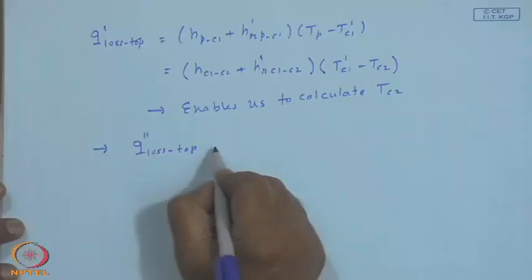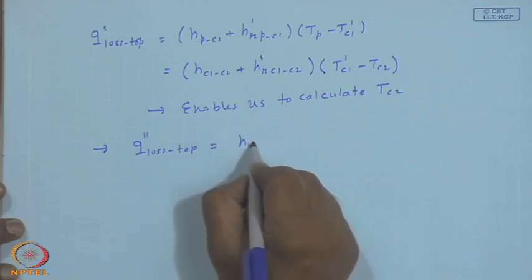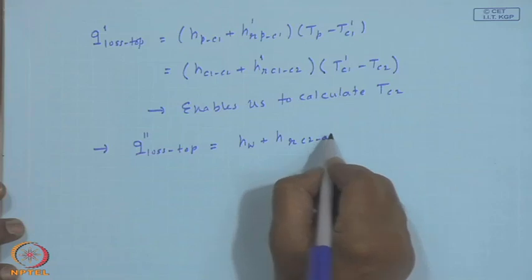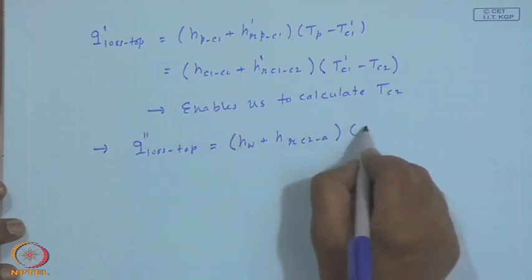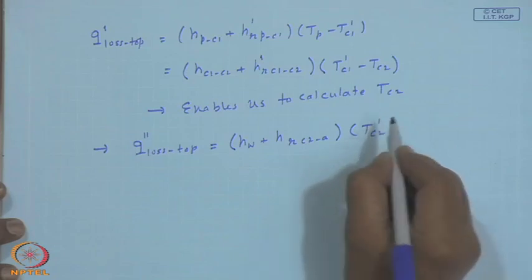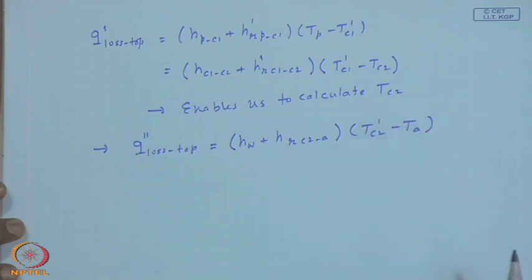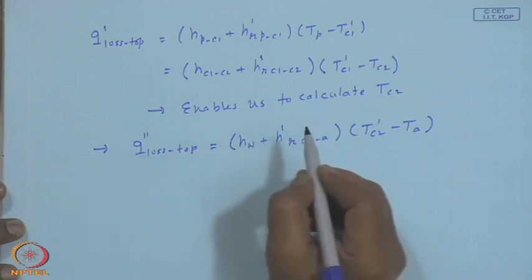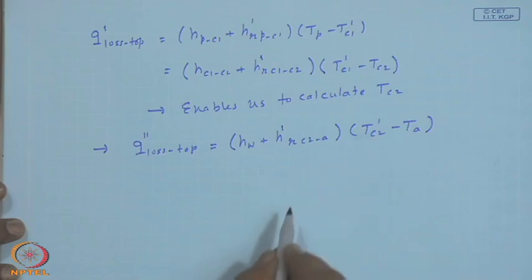Now, from the top cover I will get a different number, which will be (Hw plus Hr c2-a) times (Tc2^1 minus Ta). If you want to be precise, we can call this Hr c2-a^1, because this has made use of Tc2^1.